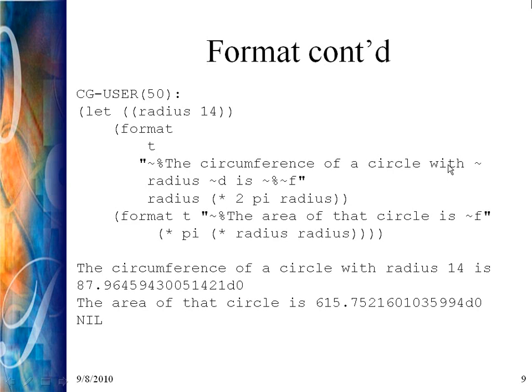In other words, as if we typed with space, radius, tilde D, etc. The reason for having this tilde followed by a return and then any number of spaces is to allow you not to have to put everything on one line, and so to make your code more readable, but still have the result be formatted the way you want.